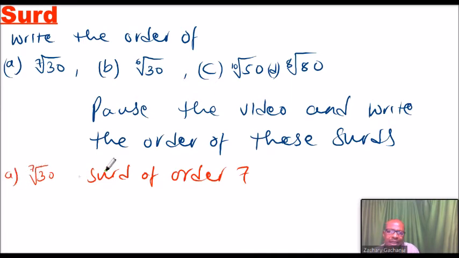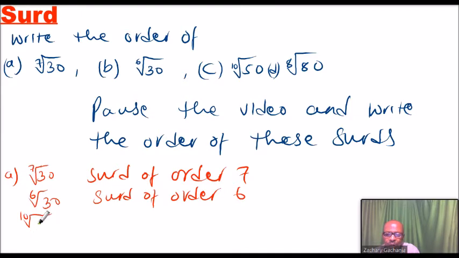So that is A. For B, we are given the 6th root of 30. So this is a Surd of order 6. The other one, we are given the 10th root of 50, so this is a Surd of order 10.